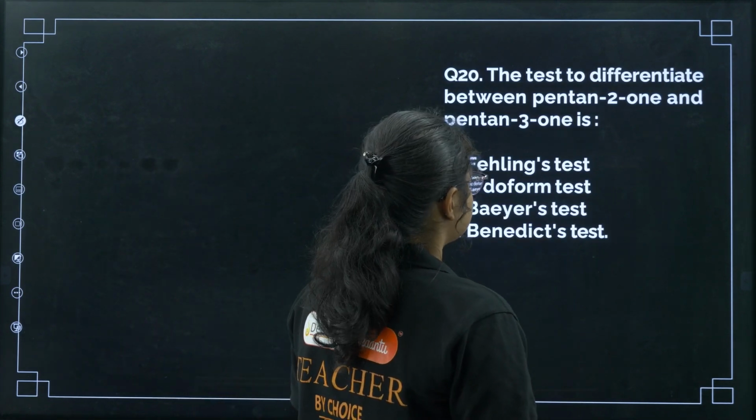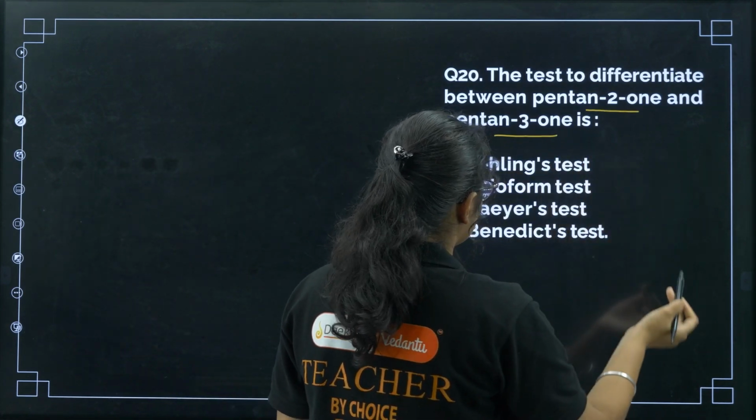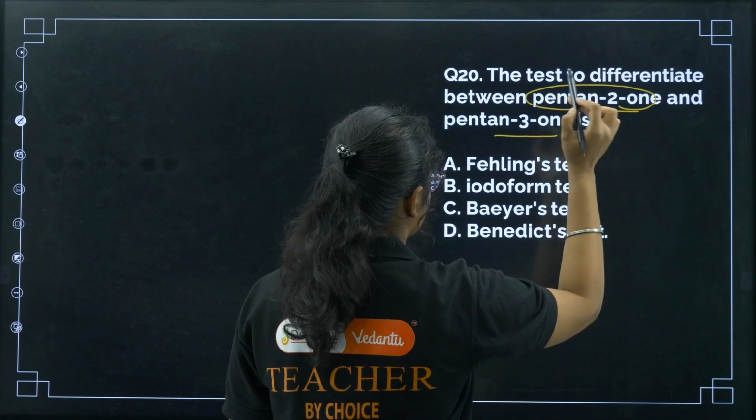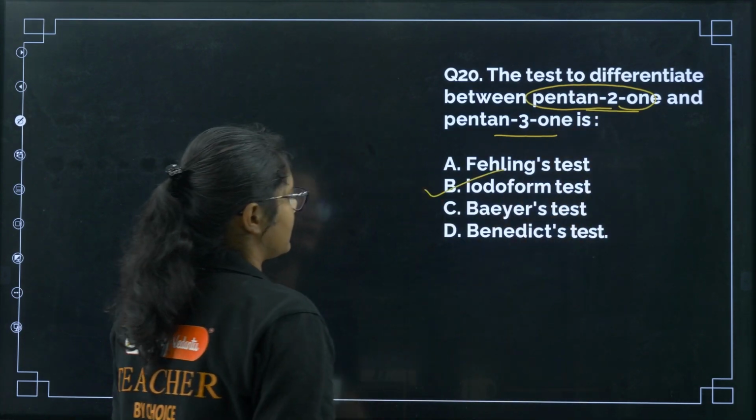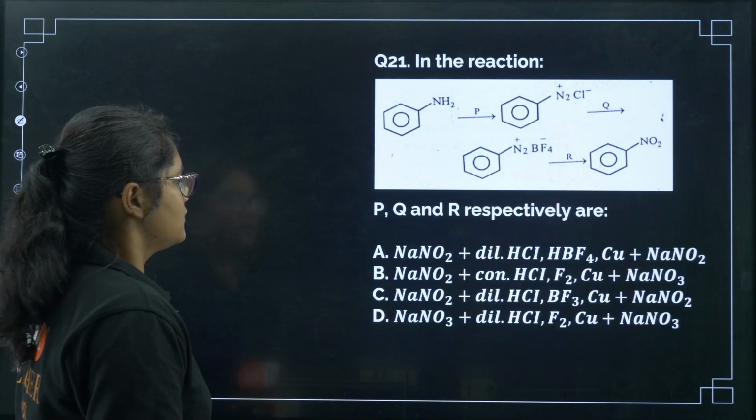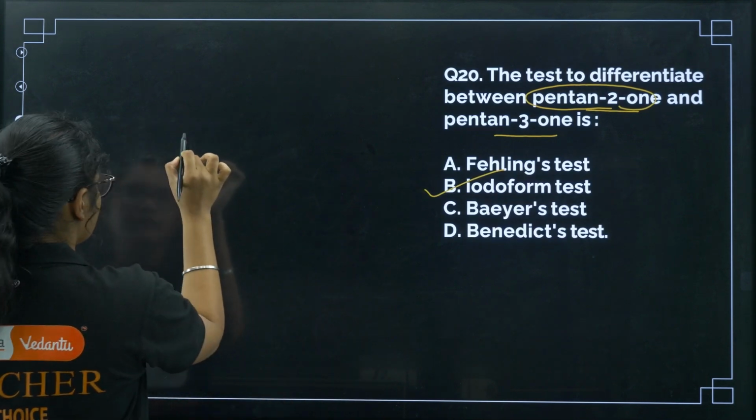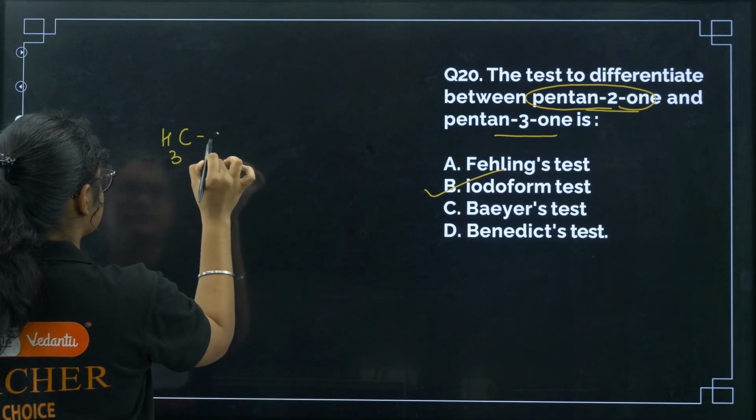The test to differentiate between pentane 2-one and pentane 3-one. Pentane 2-one has a CH3CO group, so it can be detected by the iodoform test. You can see here the pentane 2-one structure is like this.